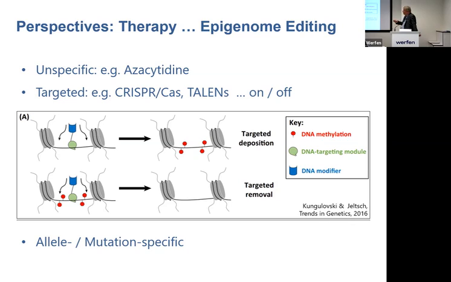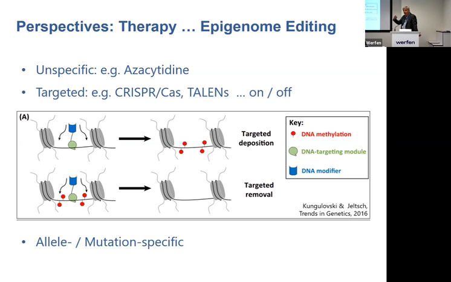And there are options. You can, by CRISPR technologies or TALENs, either switch on methylation and by this silence a gene, or you can, by TET, for example, remove methylation and by this activate a gene. And actually, Susanne Benz in my group, together with Albert Jeltsch, are going one step further.